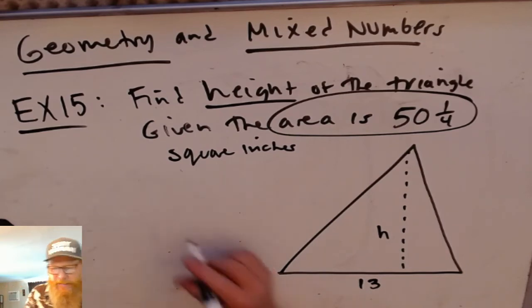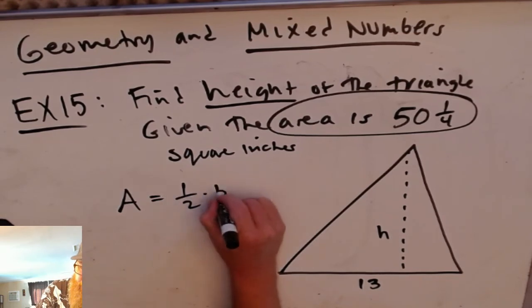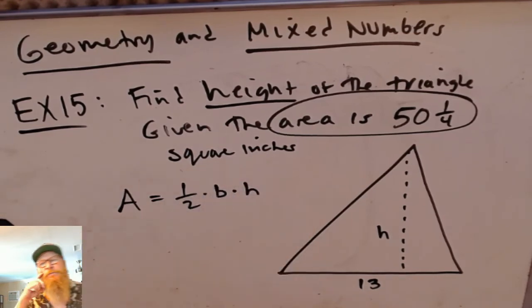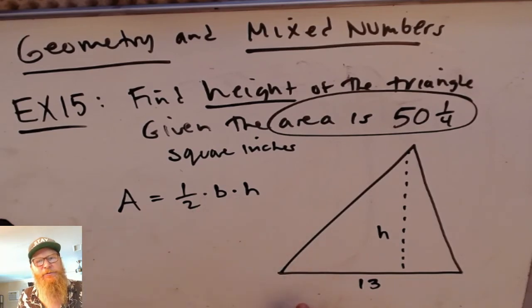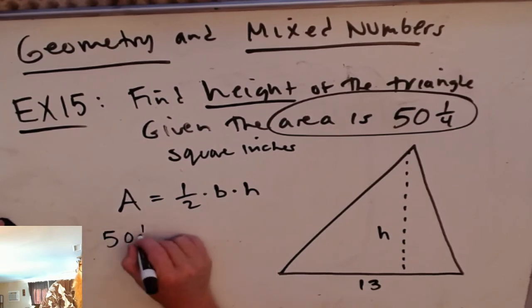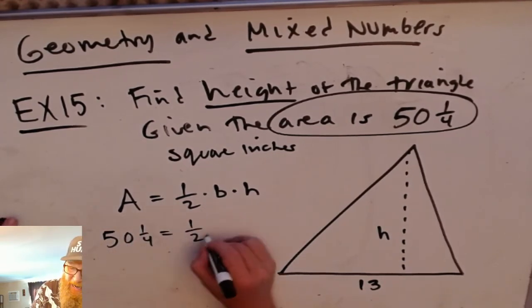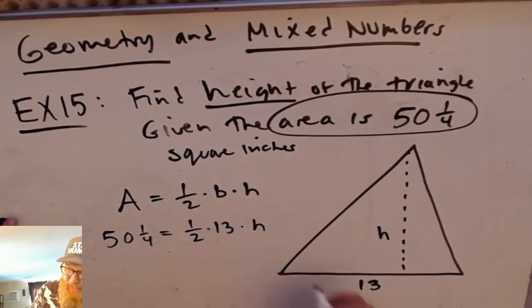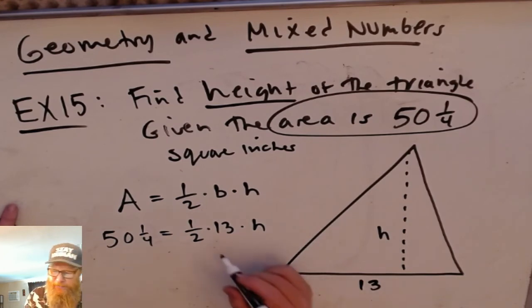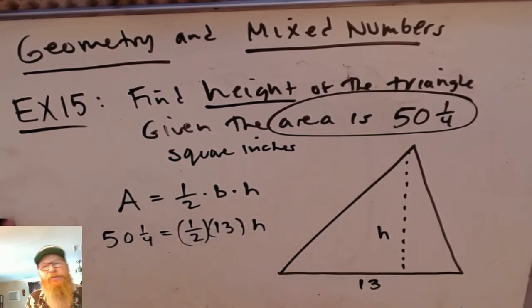You need to memorize the formula. Area is 1/2 times b times h. And you don't need to use the dots for times. So I've got 50 and 1/4 is equal to 1/2 times 13 times h. If you prefer, you can use parentheses instead of dots.